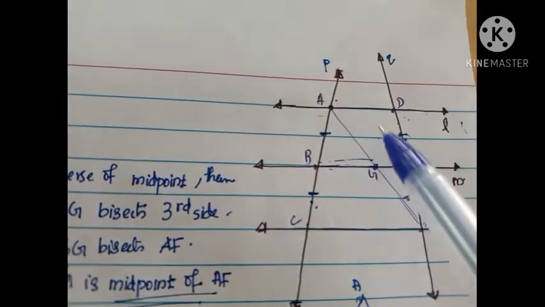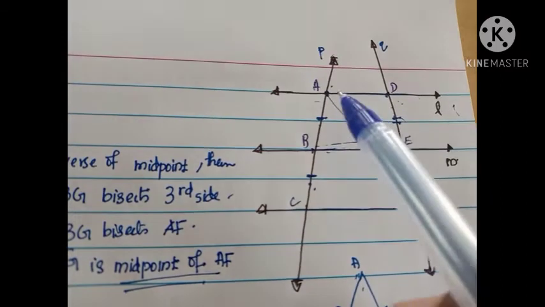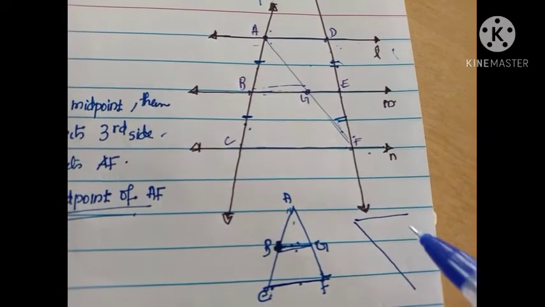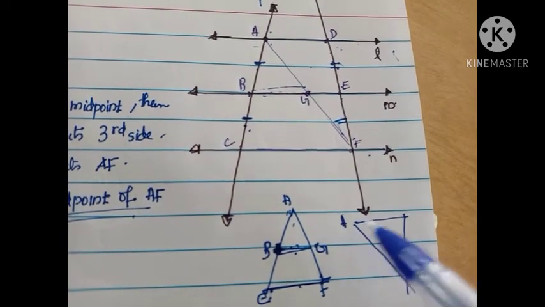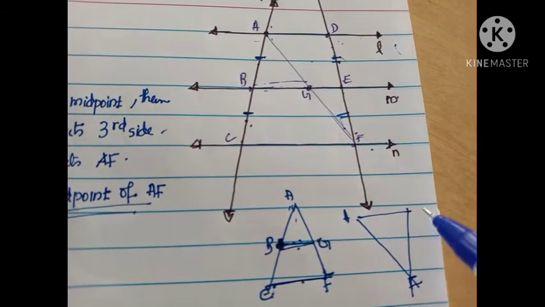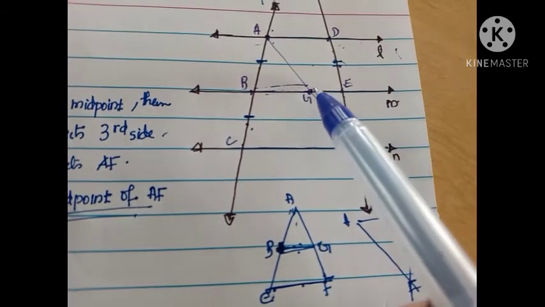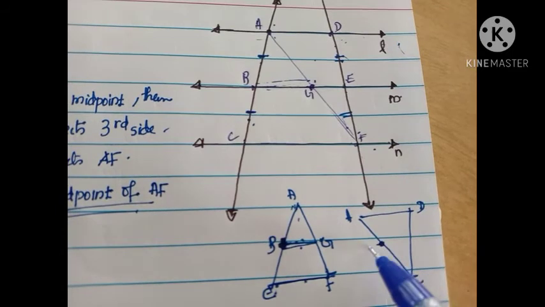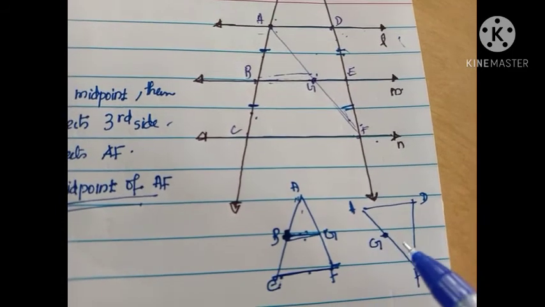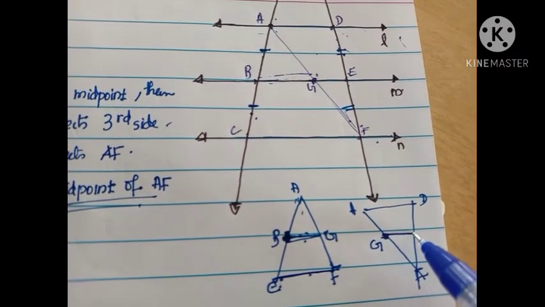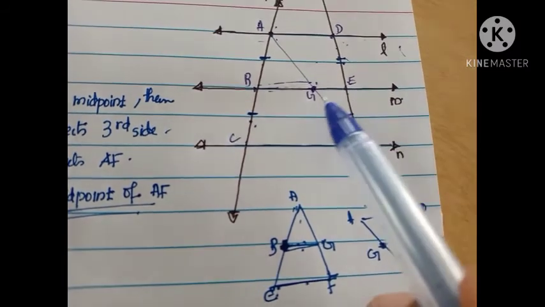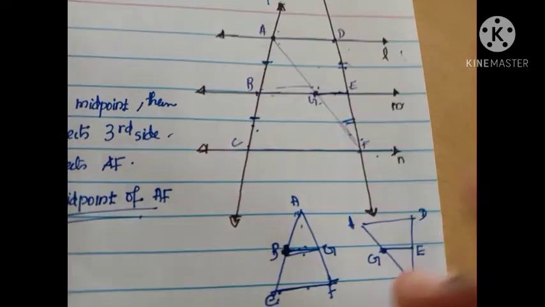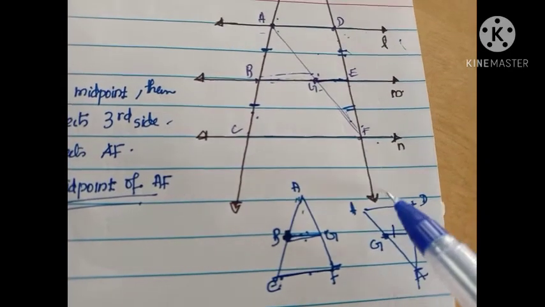Now look at this triangle ADF, or AFD. Here we proved G is the midpoint of AF, isn't it? Yes, G is the midpoint of AF and the line through G, that is GE, is parallel to AD. These two lines are parallel.